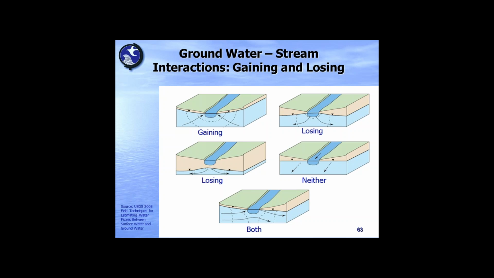Now, all these types of interactions can change both spatially and temporally. Spatially, things can change based on variations in geology within a particular drainage basin, and they can also change temporally due to short-term events like storms or long-term events like seasonal cycles.